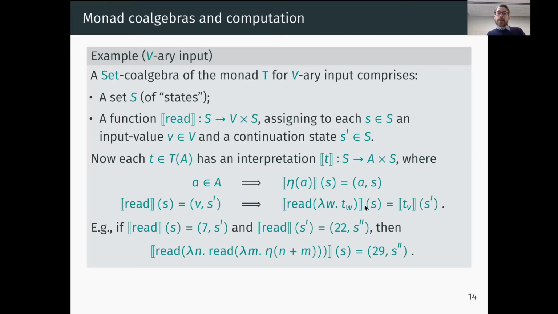On the other hand, suppose that I want to run a program which first reads, and then depending on the W it reads, continues as T of W. Suppose I want to run that program from state S of my coalgebra.